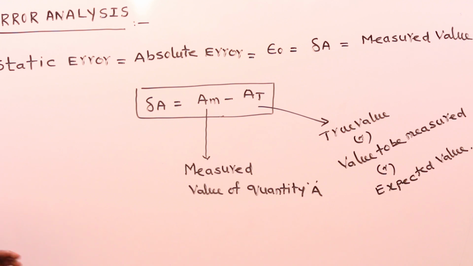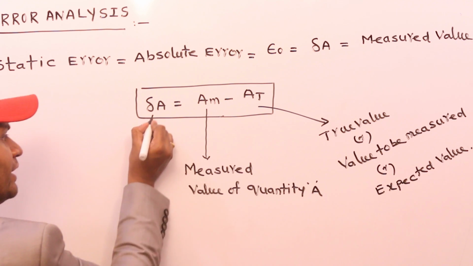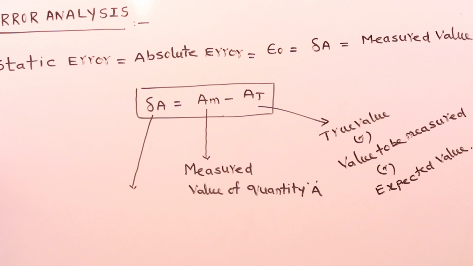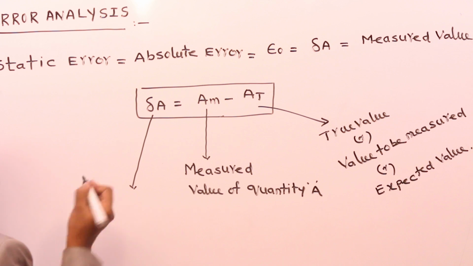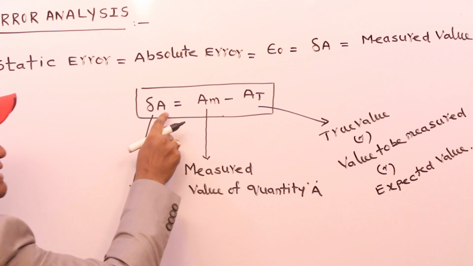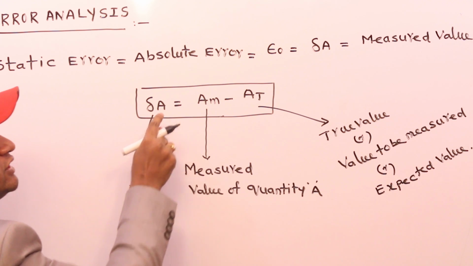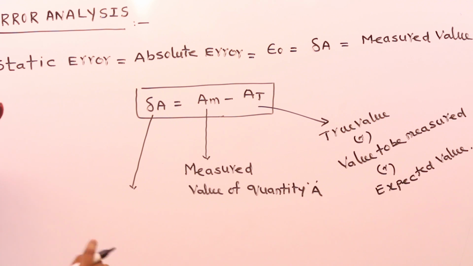Where delta A or epsilon naught, we can define delta A as the absolute error or static error of quantity A. Delta A means in the measurement of quantity A, how much absolute error is present. Delta R: in the measurement of resistance R, how much absolute error is present. Delta X: in the measurement of quantity X, how much absolute error is present.